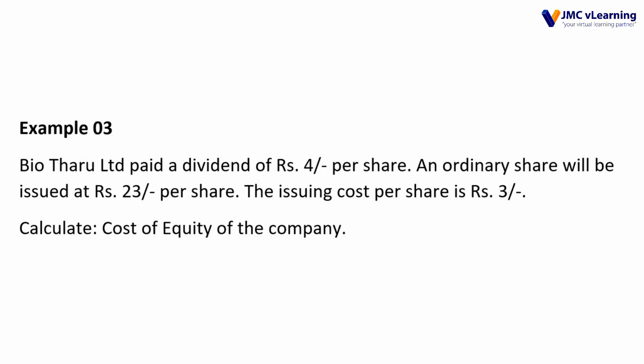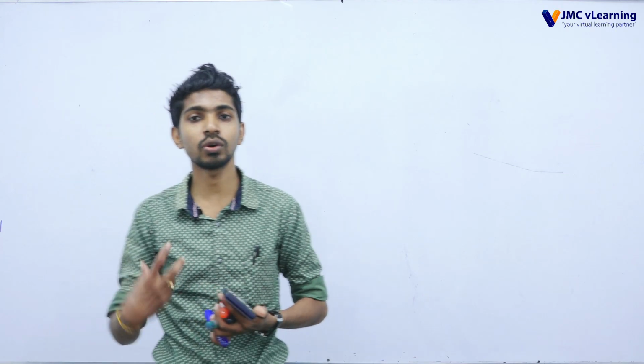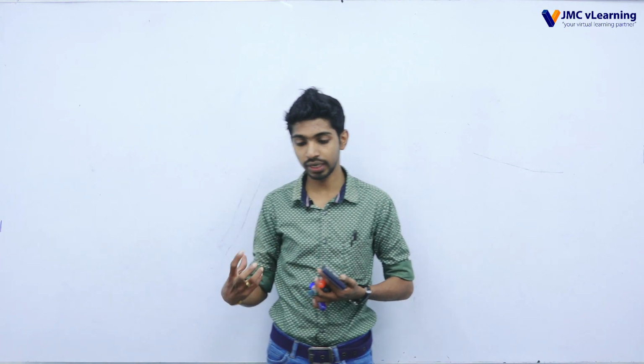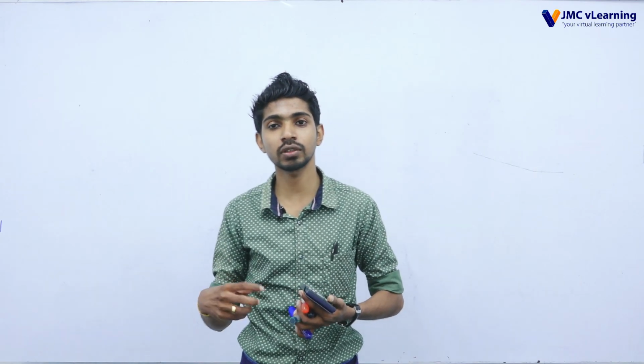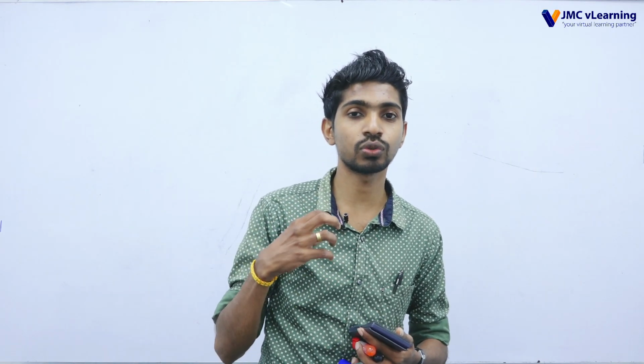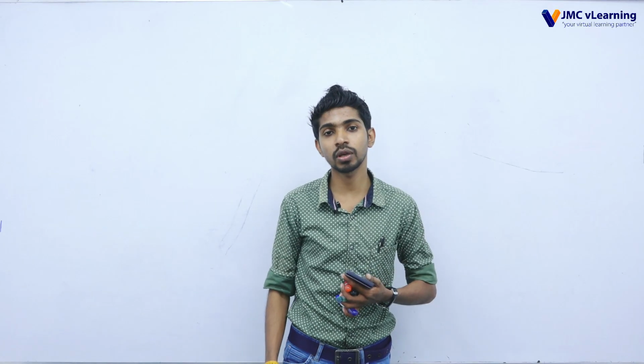Biotharu Limited paid a dividend of 4 rupees per share, and an ordinary share will be issued at 23 per share. The issue cost per share is rupees 3. This organization will try to attract investors who are interested in investing in the ordinary shares.